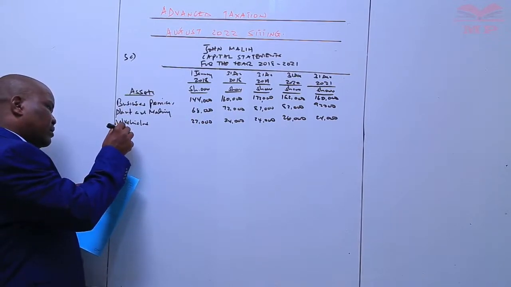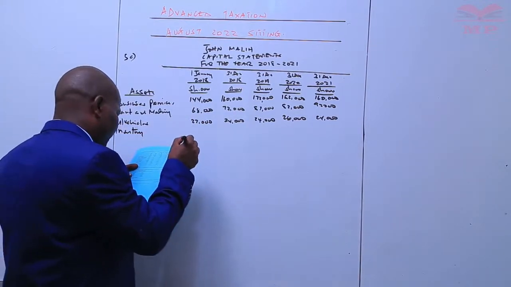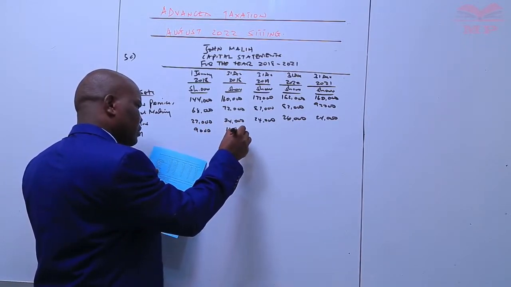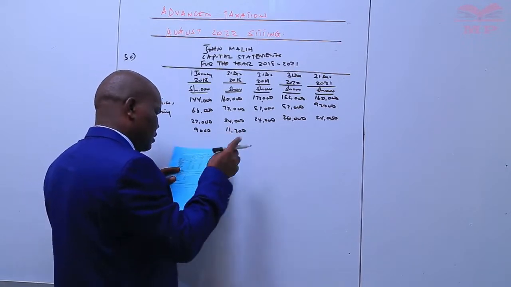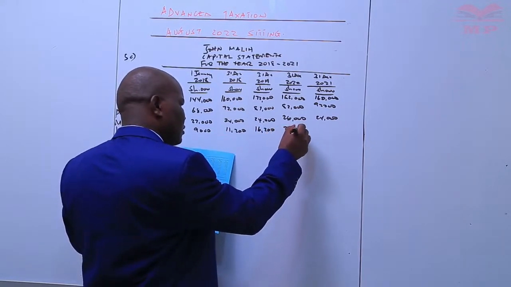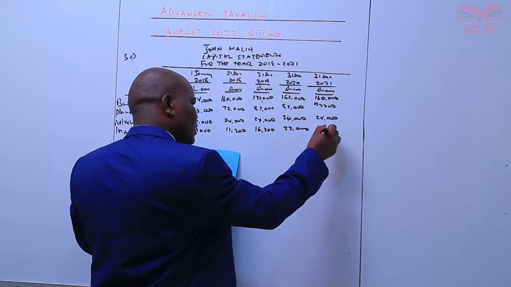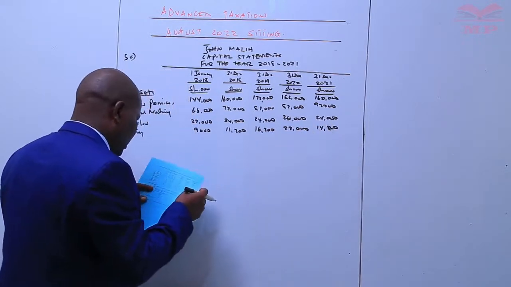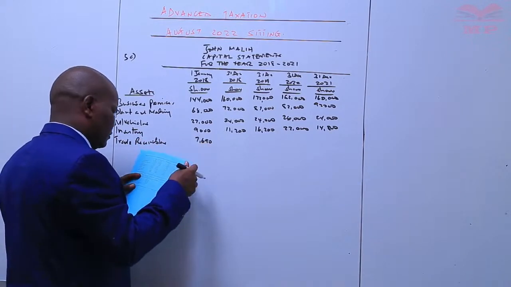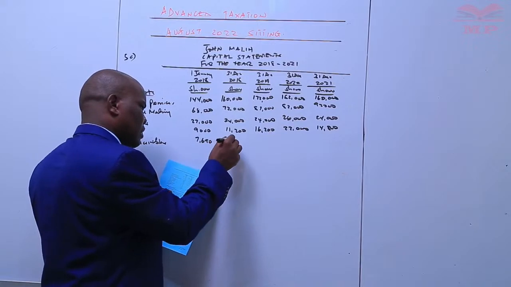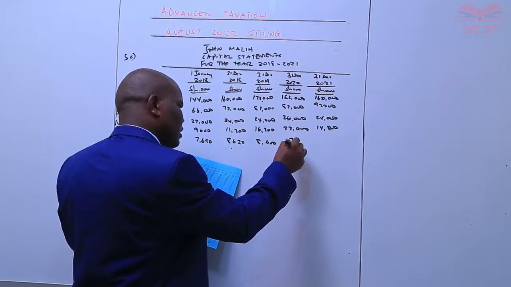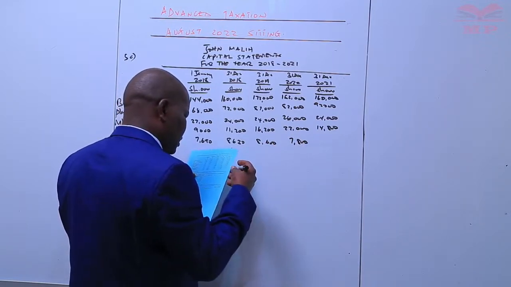Next we have inventory, still an asset, 9 million, 11,200, 16,200, 22 million, and 14,800. Trade receivables are assets, 7690, 8630, 8600, 7800, and 82.